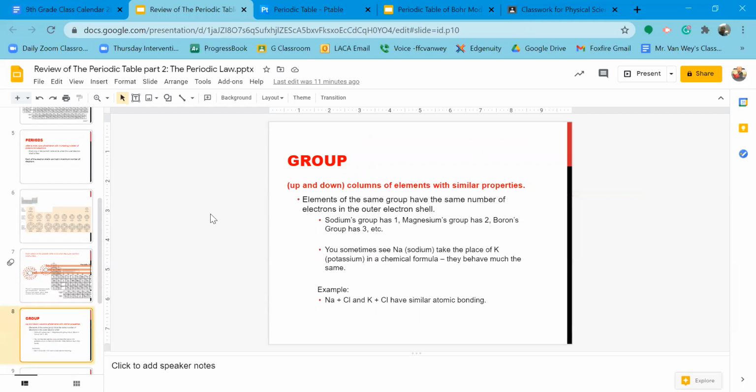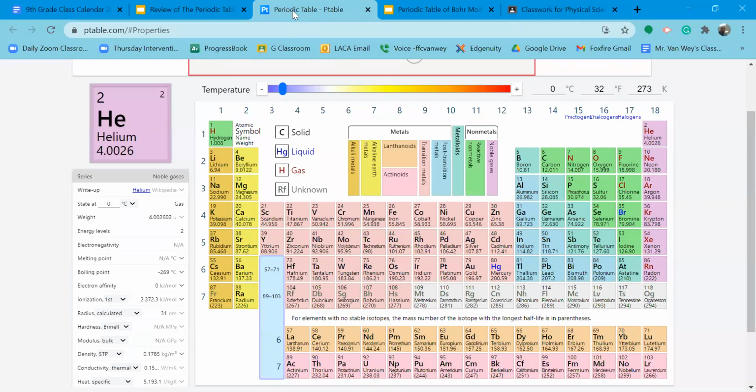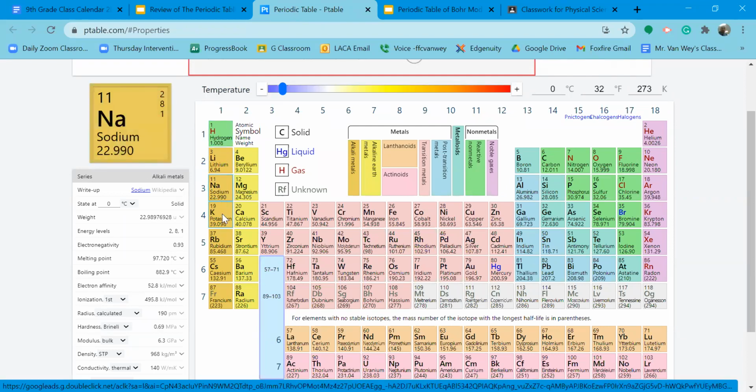Now we're going to talk about groups. A group on the periodic table is a column of elements that has similar properties. So group 1 would be hydrogen, lithium, sodium, potassium, rubidium, cesium, and francium.